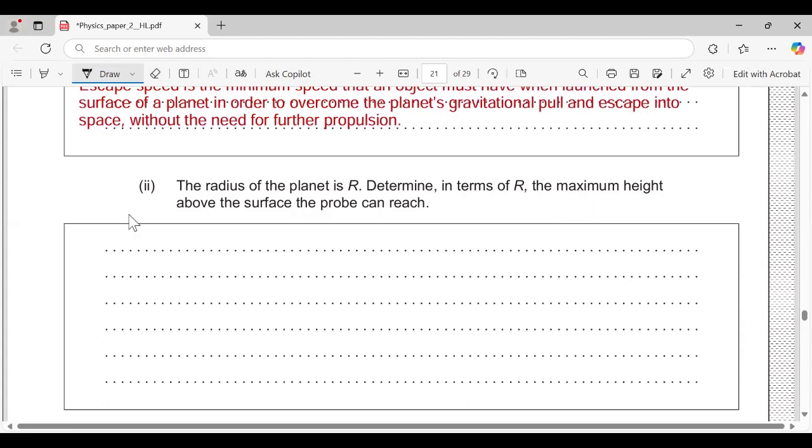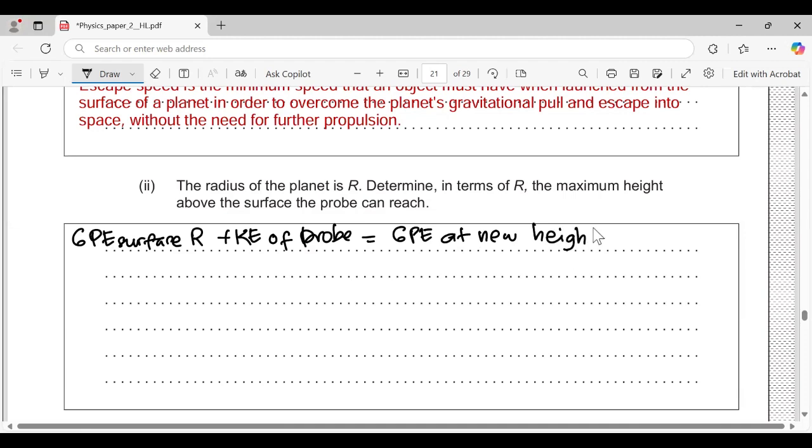Using the rule that the gravitational potential energy, GPE, at the surface of R plus the kinetic energy of the probe equals the GPE at the new height r.